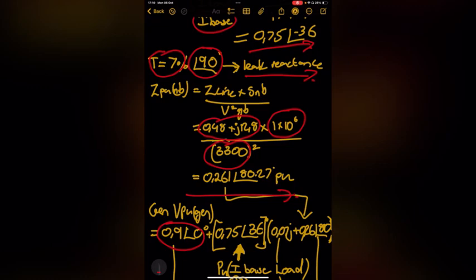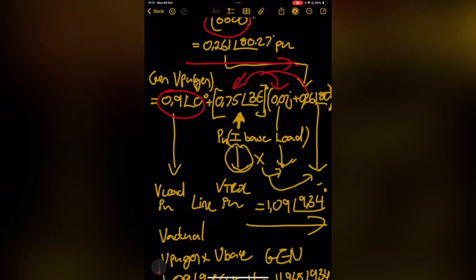It's simple. We basically use the current that is drawn by the load, and we know for a fact it'll also run through the transformer, which is at 7% impedance, as well as at 0.26, the line per unit impedance. You add them up and you get to this value over here. Now this value is the voltage at the terminals of the generator in per unit.